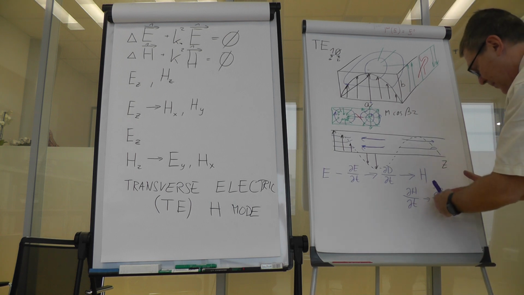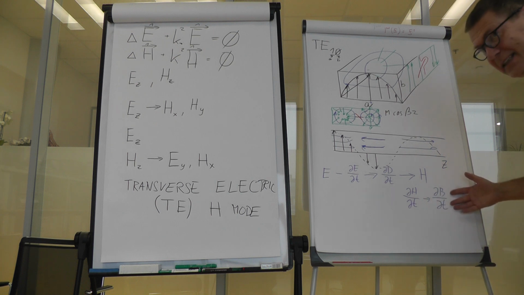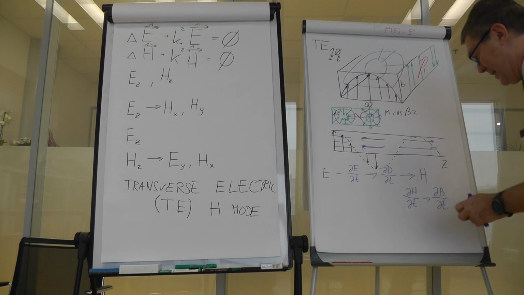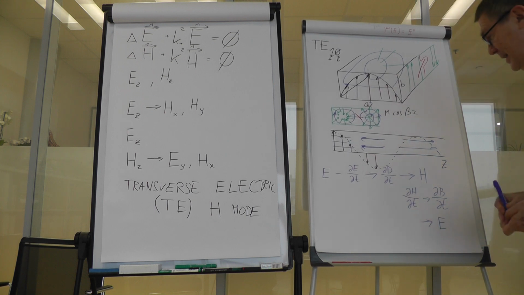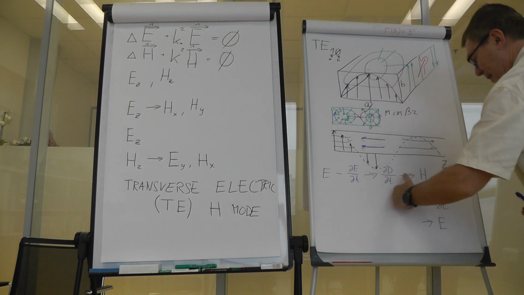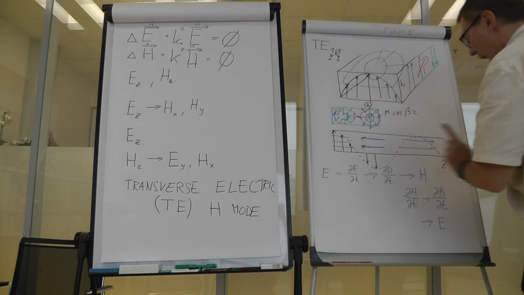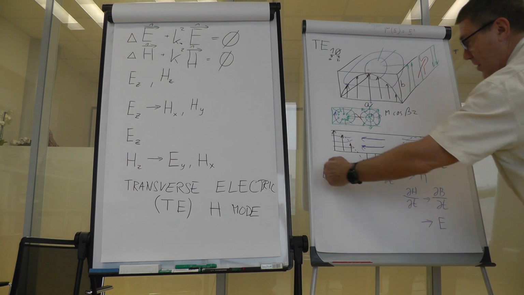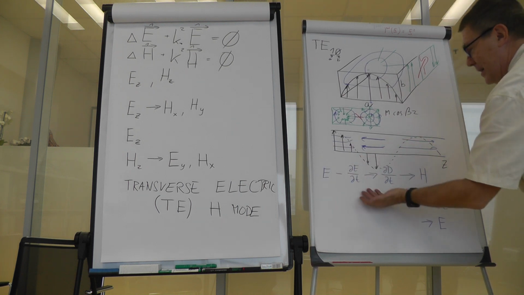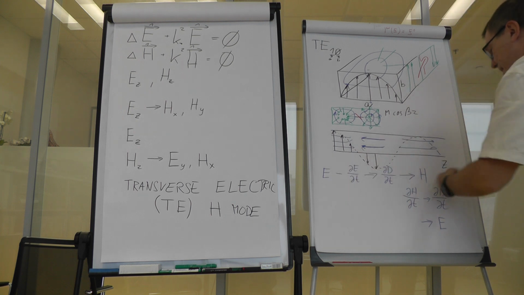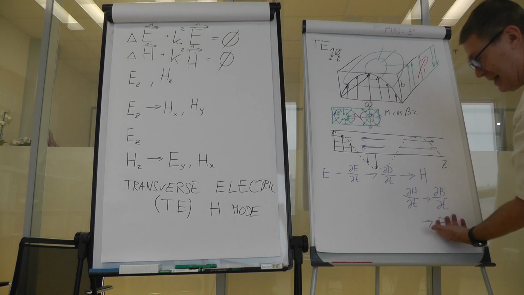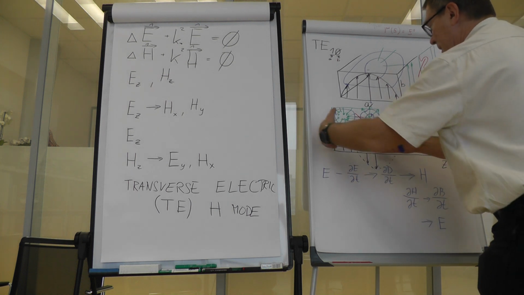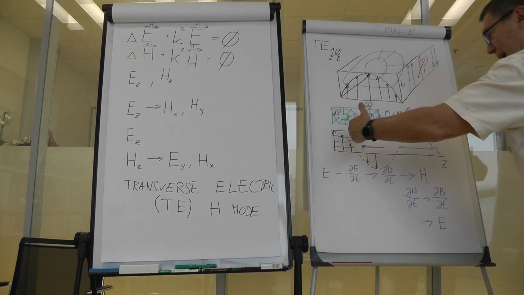And as you know, a change in magnetic flux density means that there is an induced voltage E. And we have gone through the whole circle with electric field strength and magnetic field. So the electric field strength time derivative produces magnetic field, and the magnetic field time derivative produces electric field, and that's why the whole phenomenon here can happen.